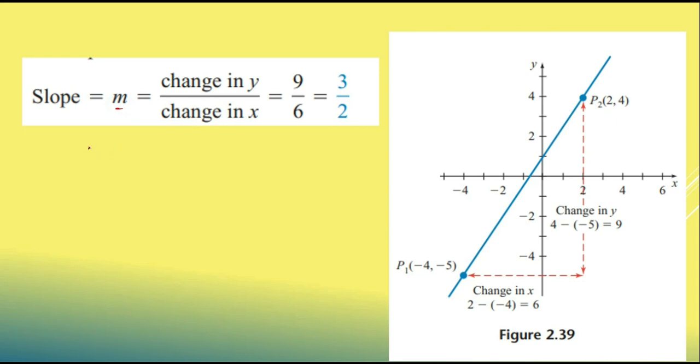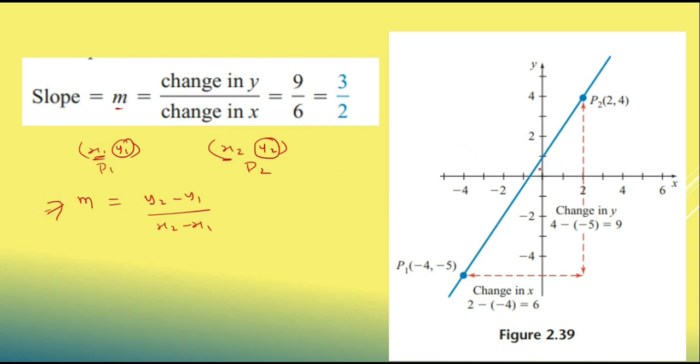If you have two points, (x1, y1) and (x2, y2), call them point 1 and point 2, the formula for slope m is the change in y, y2 minus y1, over the change in x, x2 minus x1. That's it. You can directly get the slope by using this formula, or you can identify the slope from the figure.